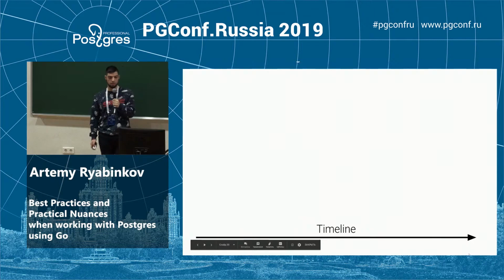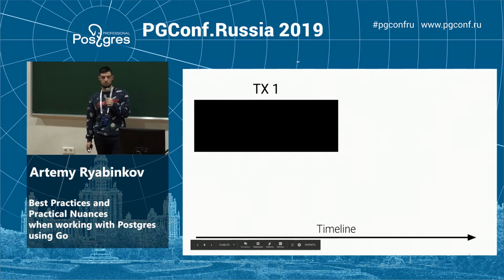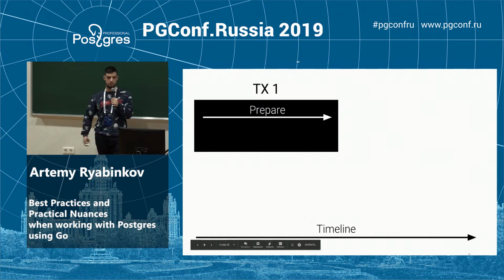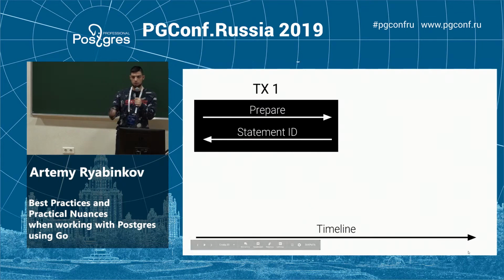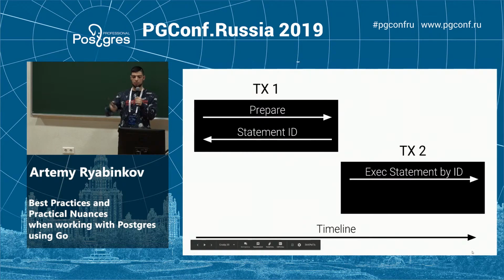What happens when we work with prepared statements? At some point of time we generate a query in a specific transaction, a query for preparing, and we receive statement ID. After that, in any other transaction we use this statement ID so that in the prepared query we would transfer parameters and fulfill this query. So it works.